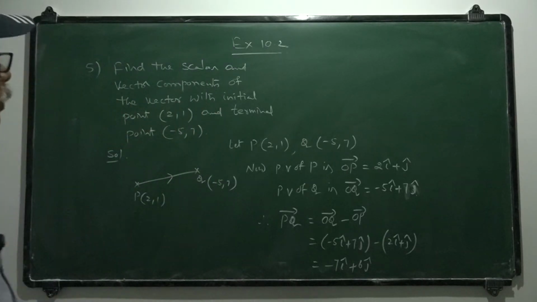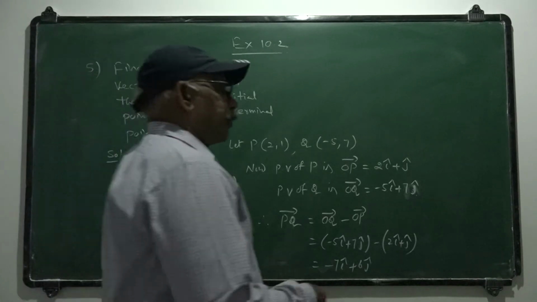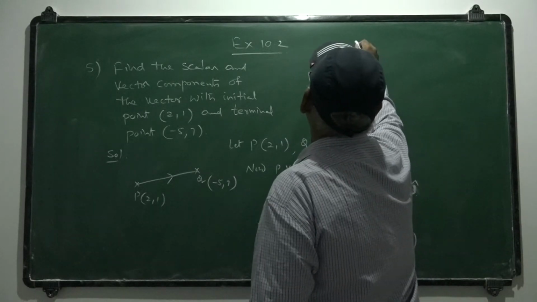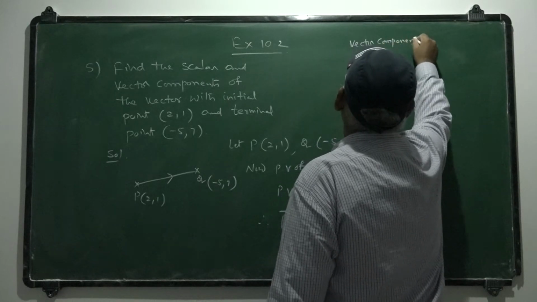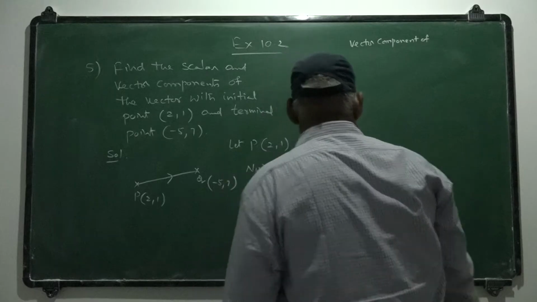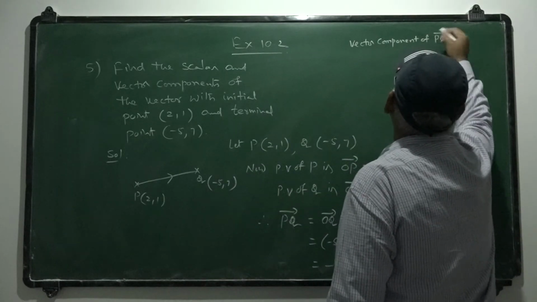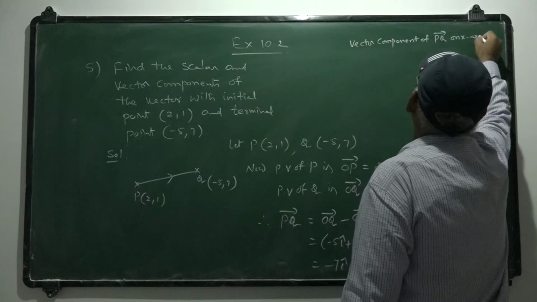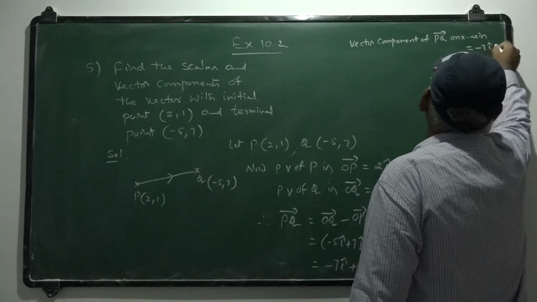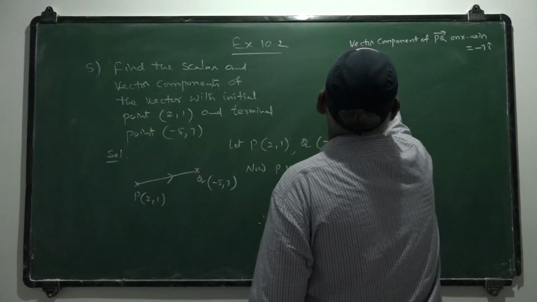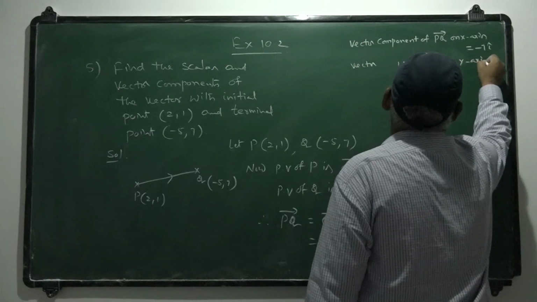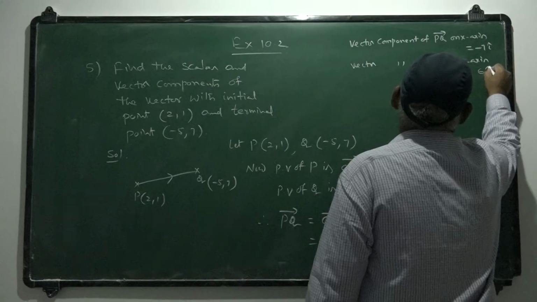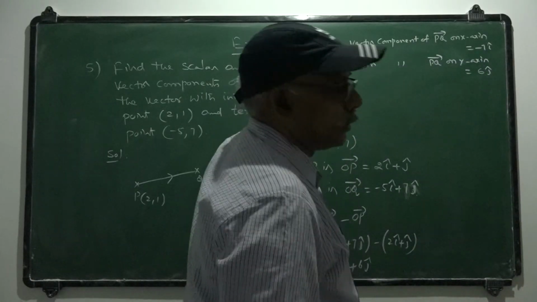Now the scalar and vector components of the vector PQ bar. The vector component of PQ bar on the x-axis is -7i. Similarly, the vector component of PQ bar on the y-axis is 6j. These two are vector components.